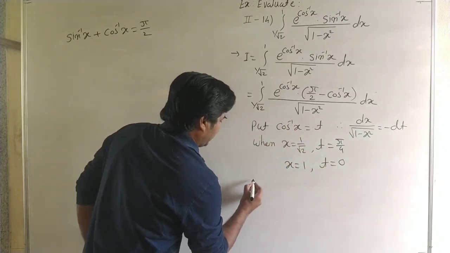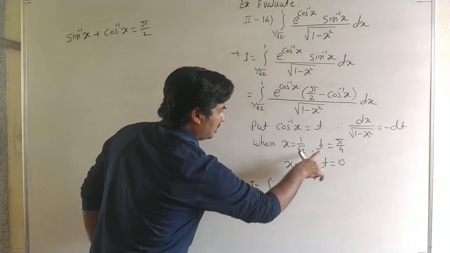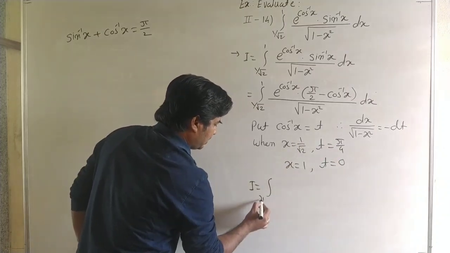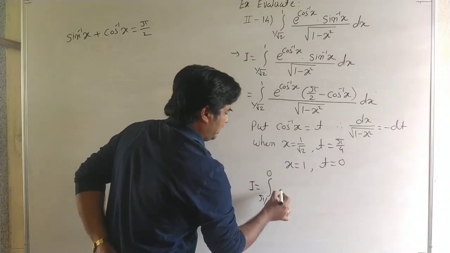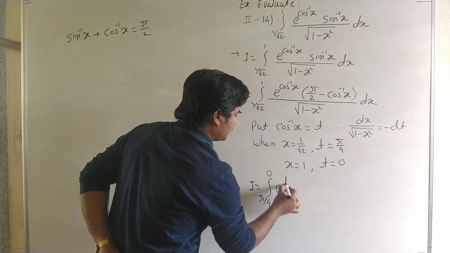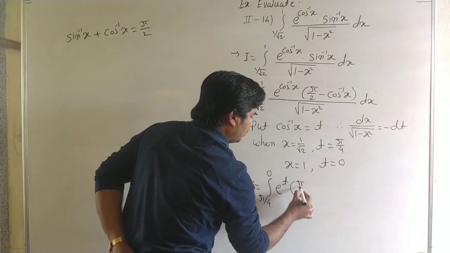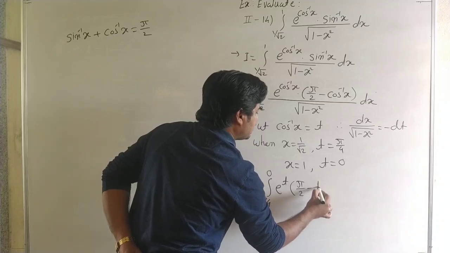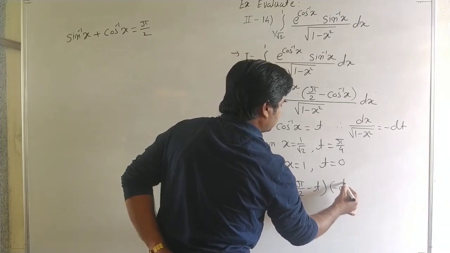Now therefore our integral is, for limits 1 by root 2 to 1, now pi by 4 to 0. And here e to the power t into pi by 2 minus t, and it is a minus dt.